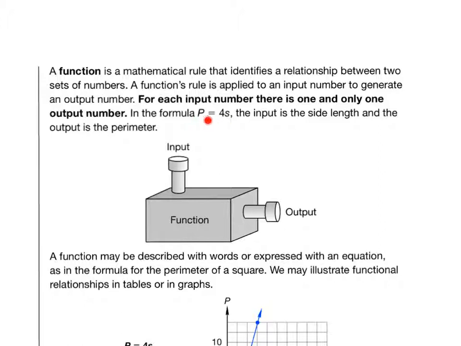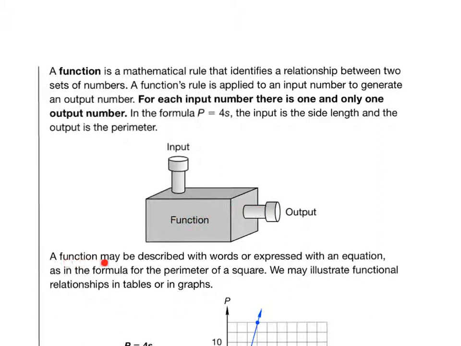In the formula, perimeter equals 4S, the input is the length of the side, that's the S, and the output is the perimeter. So perimeter will equal whatever 4 times the side is. So this is an example of a function machine. You have an input that you put inside of the function, then the function does something with it, and you get an output.